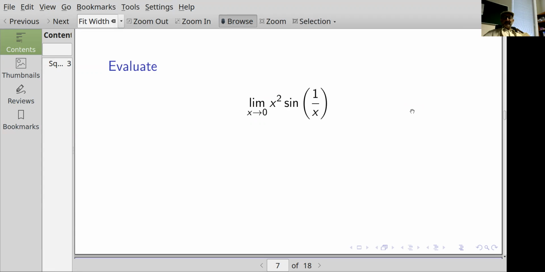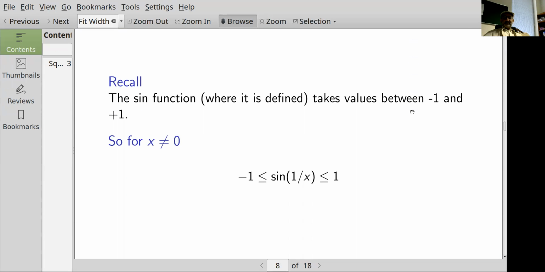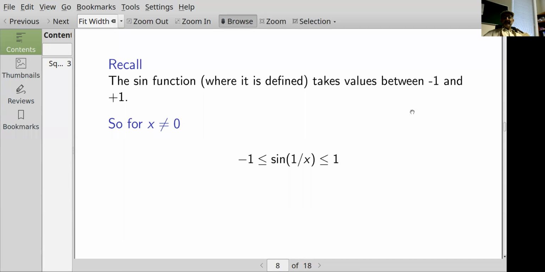Okay, so that sine of 1 over x is making this a little bit complicated. So what we do, we just consider the values of sine of 1 over x to begin with. Where sine of 1 over x is defined, the sine function takes values between -1 and +1.